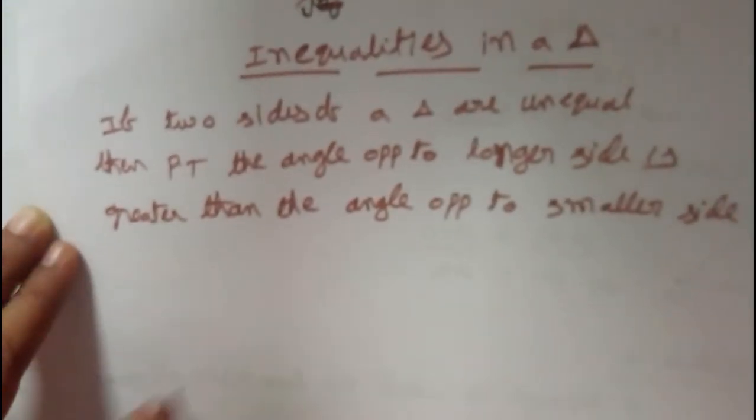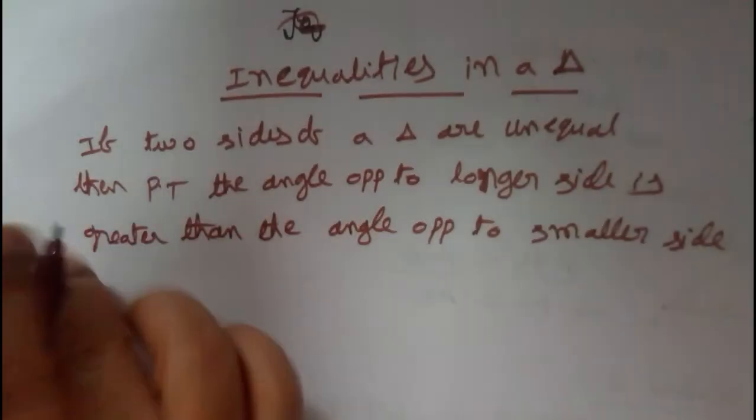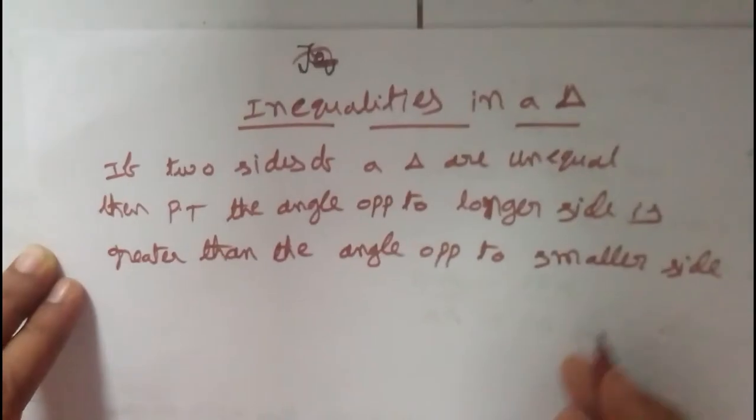So this is the first inequality. Here what is given in this statement? If two sides of a triangle are unequal.